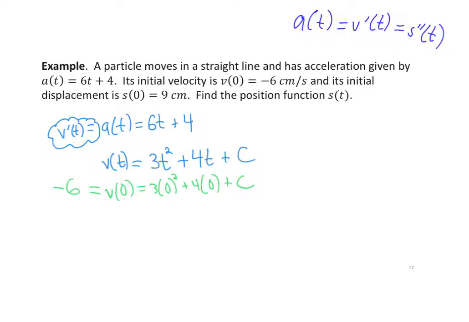It comes from the fact that v of 0 is given as negative 6. Where does all this come from? It comes from plugging 0 in for t in the expression for v of t. Simplifying, we get negative 6 is equal to c. Cool. So now our v of t is 3t squared plus 4t minus 6.